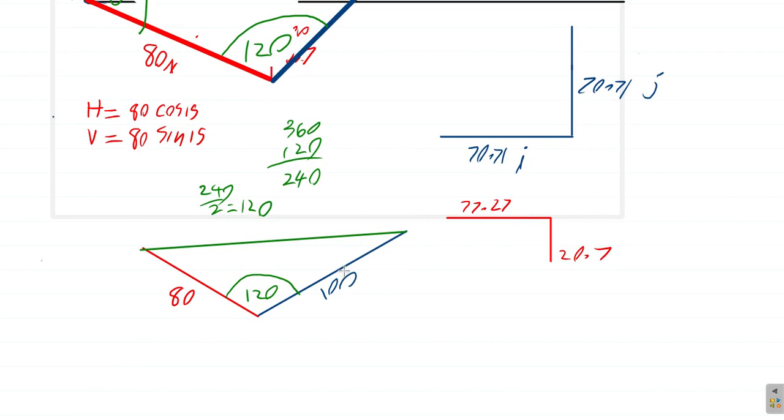So we can use the cosine rule. If we consider this as a, a squared equals 80 squared plus 100 squared minus 2 by 80 by 100 cos 120. So we can find the magnitude of a.